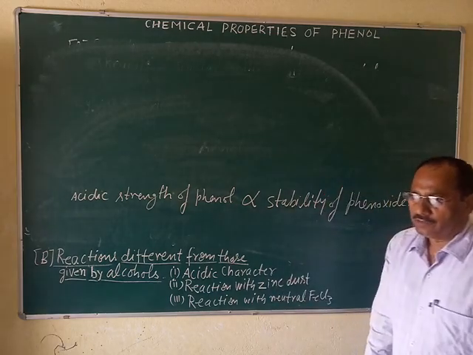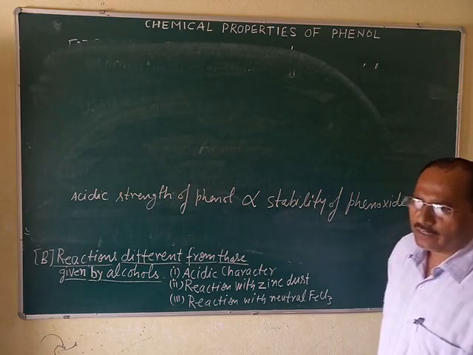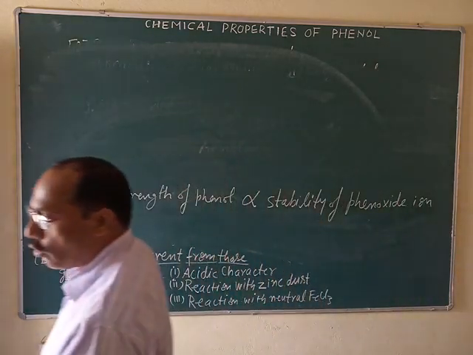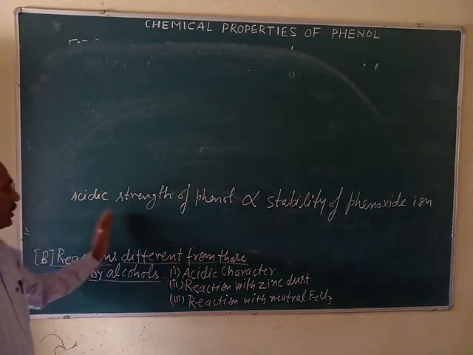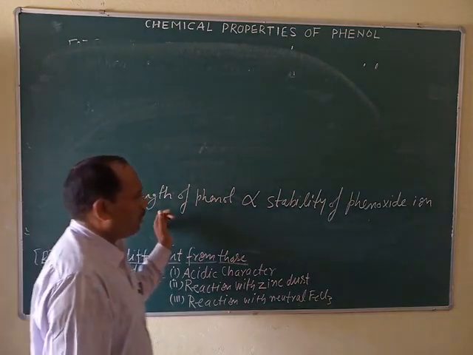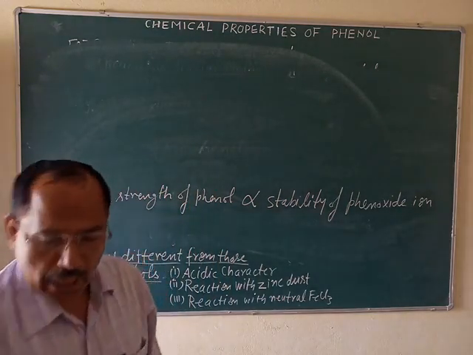Any factor which stabilizes the phenoxide ion makes phenol more and more acidic, and vice versa. Means the acidic strength of phenol is directly proportional to the stability of the phenoxide ion.